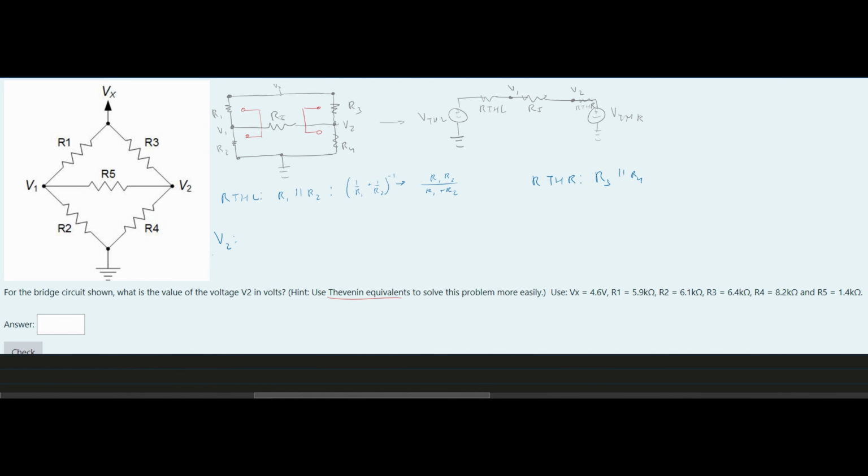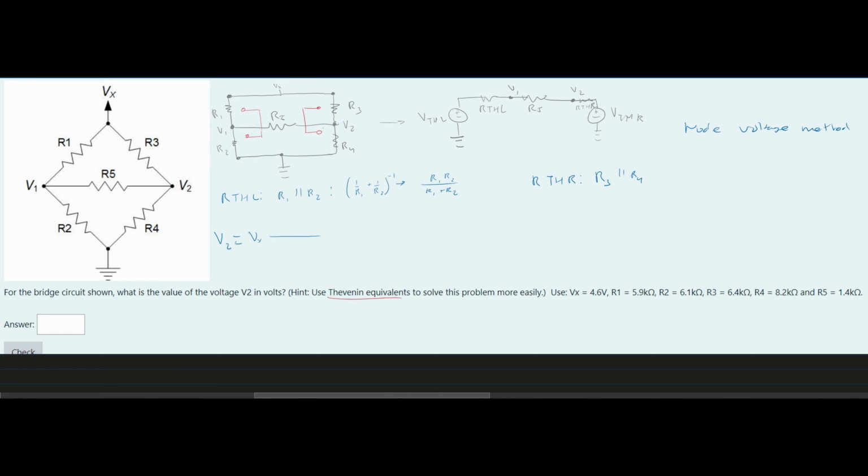We know that when we are doing the Thevenin equivalent, we use the node voltage method. So we have what we're trying to look for set equal to our voltage source, which is Vx in this case. And then, since it's going to ground right here, it's over the R4 resistor.